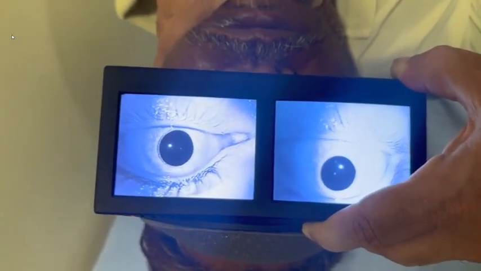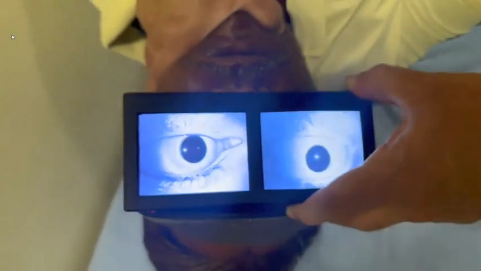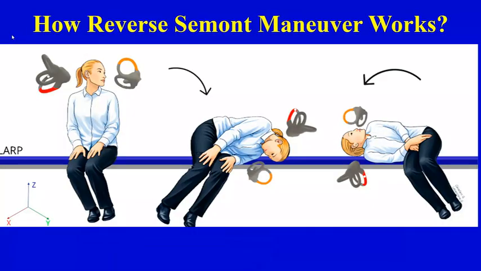So how does the reverse Semont maneuver work? This is the position of this female in the short sitting position, and here the otoconial debris is in the non-ampullary arm. I have animated this. In the nose down position, it is actually expected to move away from the ampulla, because this is one of the methods to do the demi-Semont maneuver.